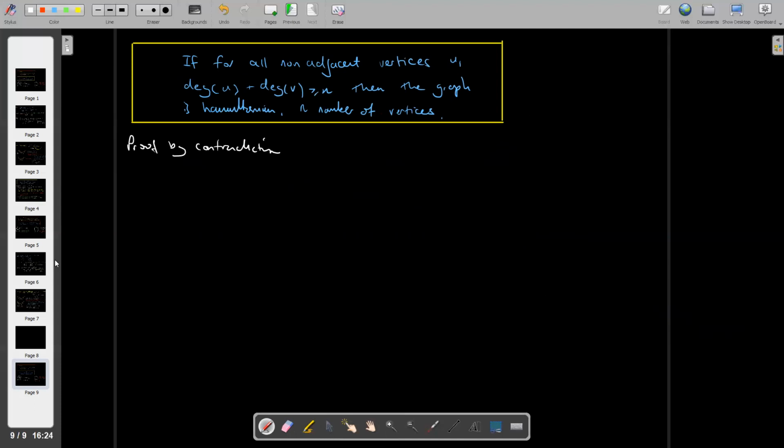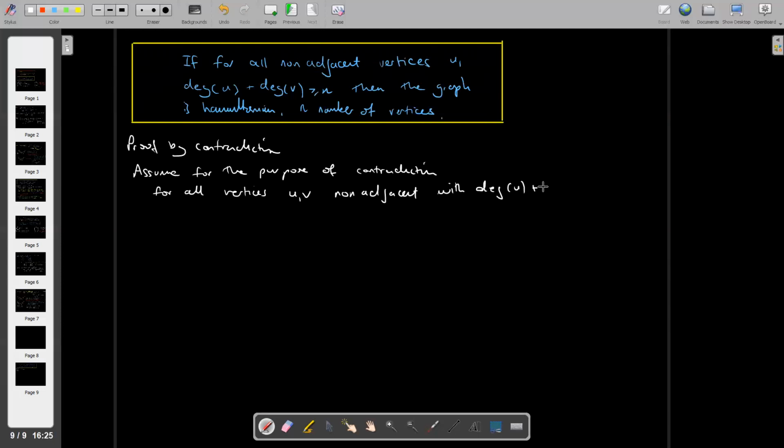Assume, for the sake of contradiction, or for the purpose of contradiction, that for all non-adjacent vertices u and v, with degree of u plus the degree of v greater than or equal to n, the graph is not Hamiltonian.